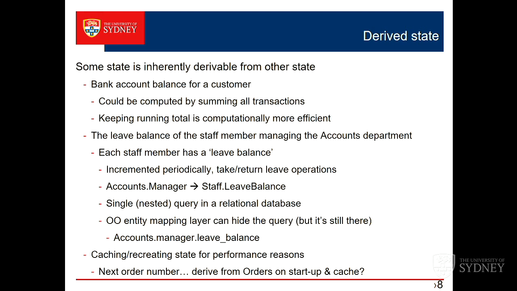I got a trip to Florida once for just that problem. There's an online shopping network in the US called Home Shopping Network, and they had a system built using that technology I was talking about, and they were finding the next order number by going and looking at the order number table and finding the most recent one. And they were getting real serious database contention on that particular piece of memory.